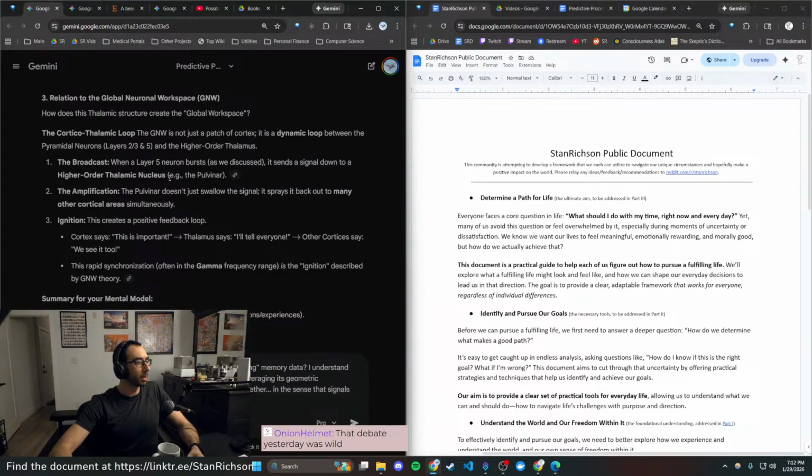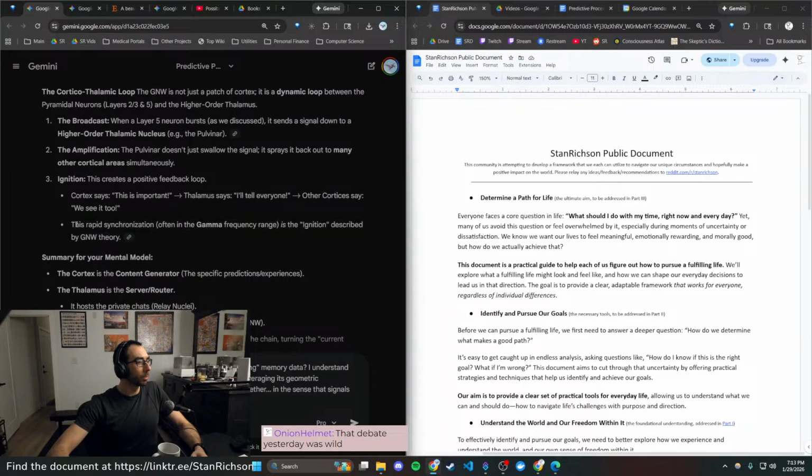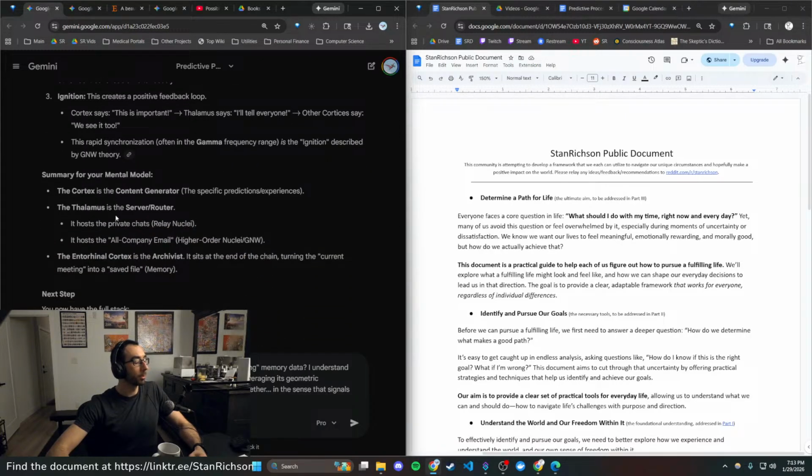For example, the pulvinar doesn't just swallow the signal, it sprays it back out to many other cortical areas simultaneously. All right, this creates a positive feedback loop. Cortex says this is important. Thalamus says, I'll tell everyone. Other cortices say, we see it too. And they give their feedback, and then it goes back and forth. This rapid synchronization, often in the gamma frequency range, is the ignition described by the global neuronal workspace theory.